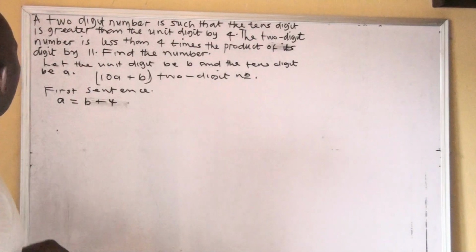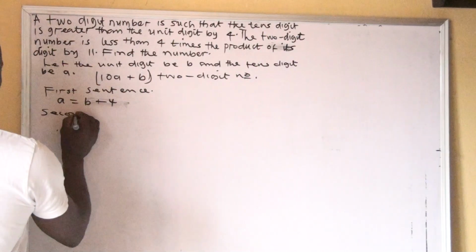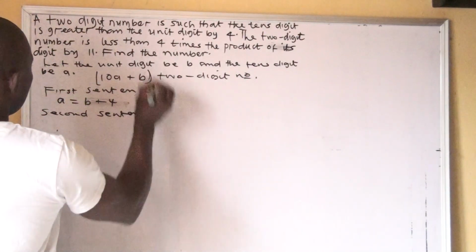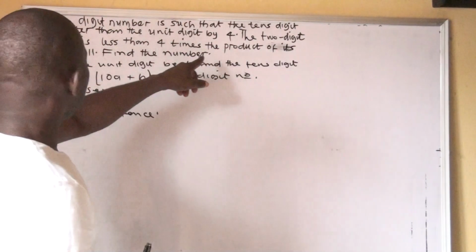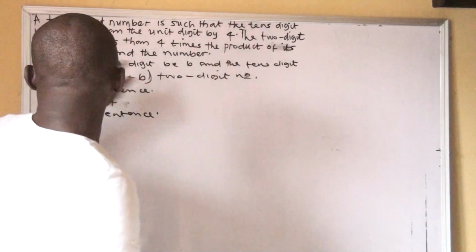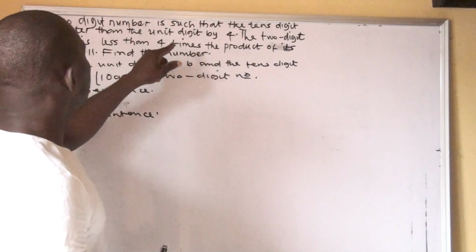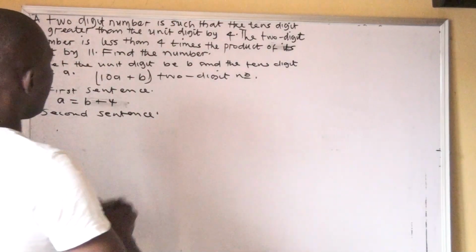And let's look at the second sentence. Let's interpret it. The two-digit number is less than 4 times the product of its digits by 11.